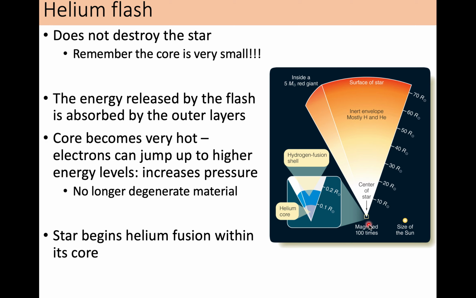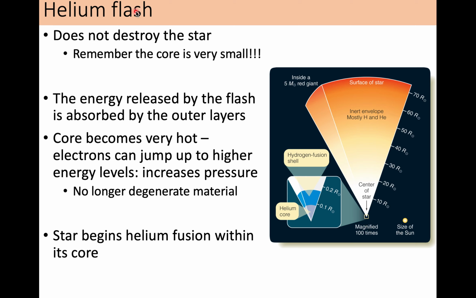Because of this huge helium flash, the core becomes super hot, meaning electrons can jump up to a higher energy level, because the only thing that can happen with our degenerate material is those outer layers can absorb some energy. It takes a huge amount of energy to turn degenerate material back into non-degenerate material.